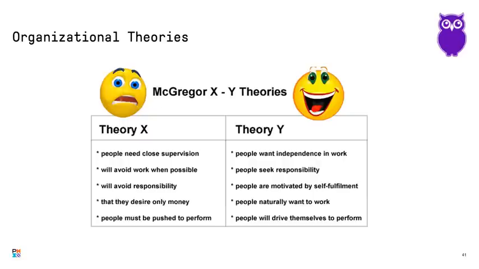So theory Z is the Japanese management, which means that you start working in an organization and you continue working in this organization until you are retired. And it depends on the loyalty for the organization and the well-being of the person who is working in this organization. So that's theory Z. It is not as widely known as theory X and Y, but it is one of the theories, yes.